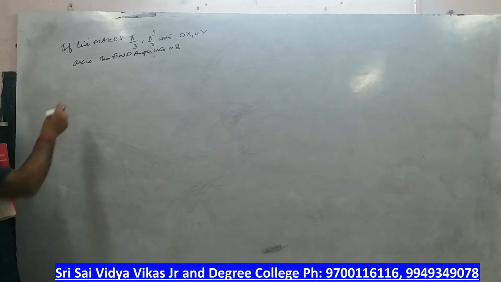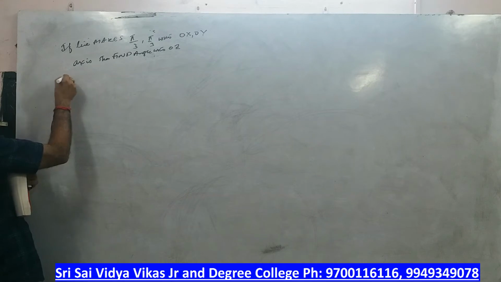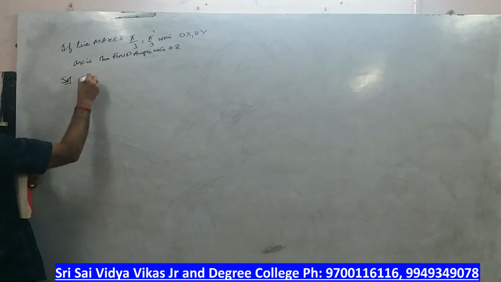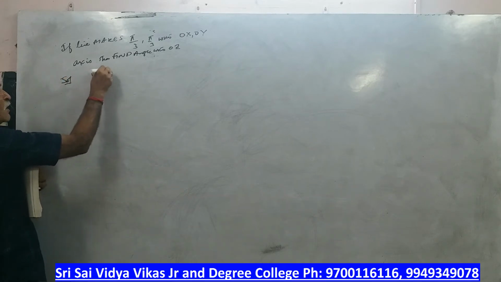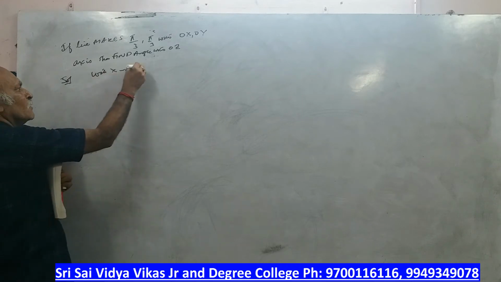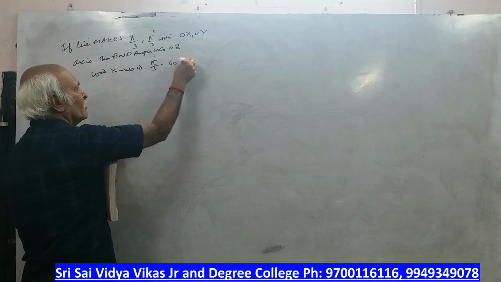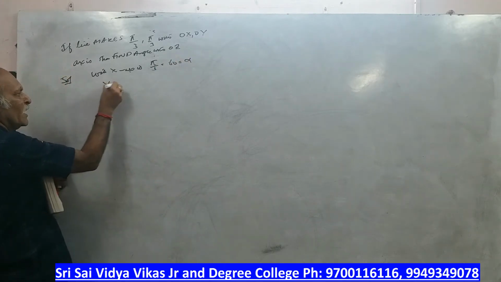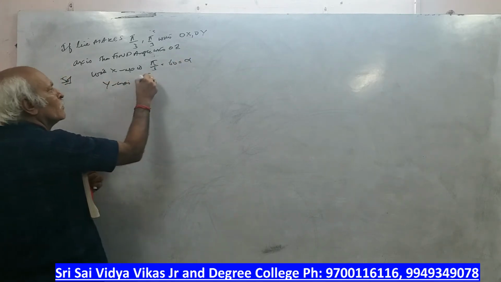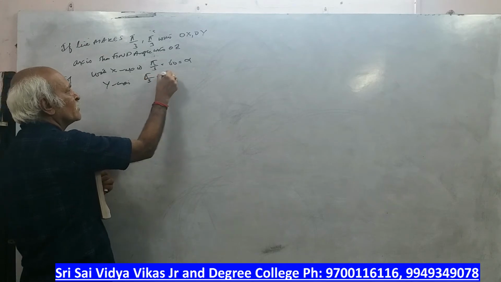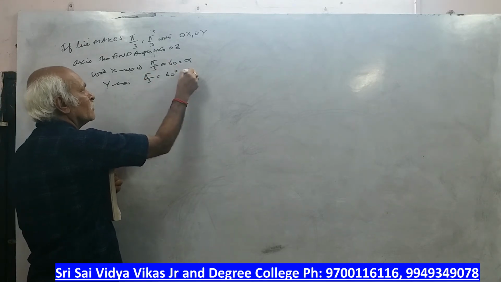Okay, now solution. What is the angle with x axis? How much has he given? Pi by 3, which is 60 degrees. We say alpha. With y axis, pi by 3, again it is 60 degrees, equal to beta.